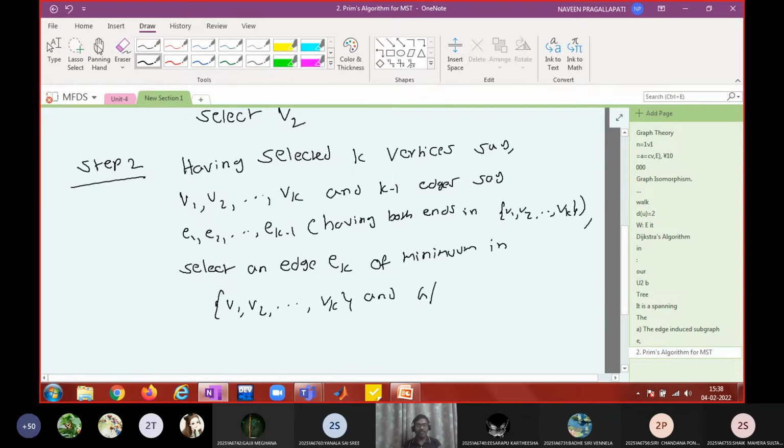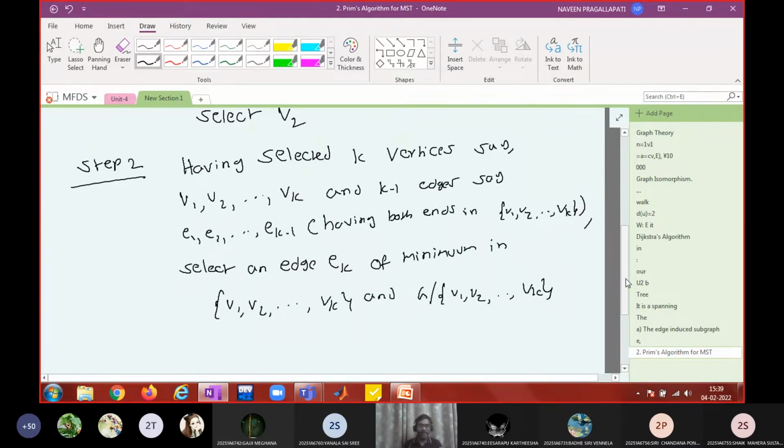So if this is the next edge of minimum weight, one end of that edge must be in this set, the other end must be from its complement set, so that the new vertex Vk plus 1 can be added to this one. So G minus V1, V2 and so on Vk. That's it.